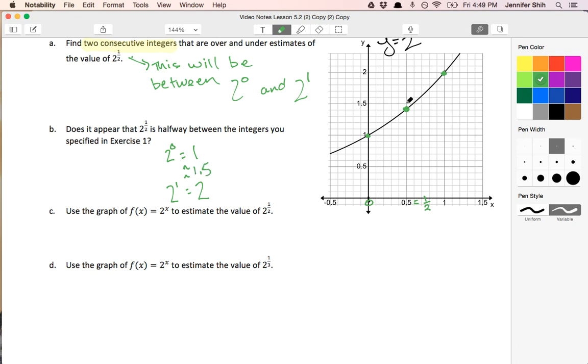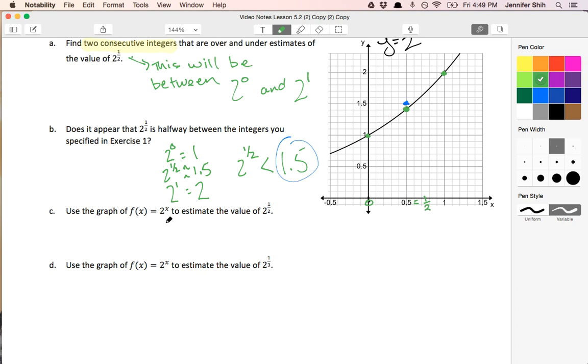But 2^(1/2) is around 1.5, but it's not totally 1.5. It is less than 1.5. That's what we're reading right here. Here's the value 1.5, and our green dot right here is the actual value. So 1.5 is still an overestimate.